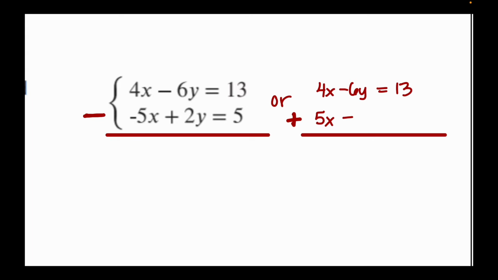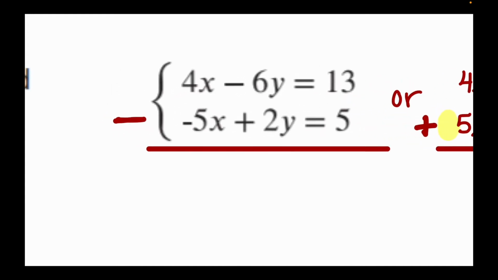And then we'll have negative 2y or minus 2y and equal to negative 5. So these are your options. I do just want to highlight that we have all of our signs changed here on this one when we use add instead. But I'm going to do this the subtraction way. I just wanted to show you that.